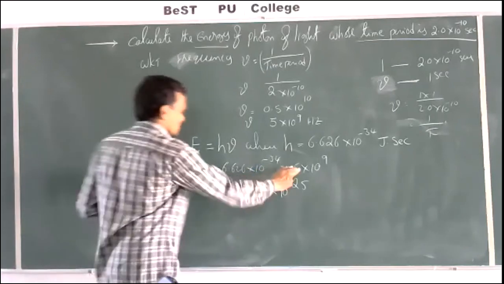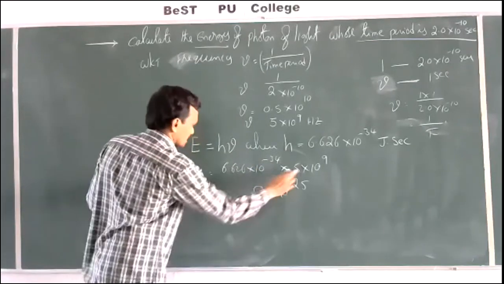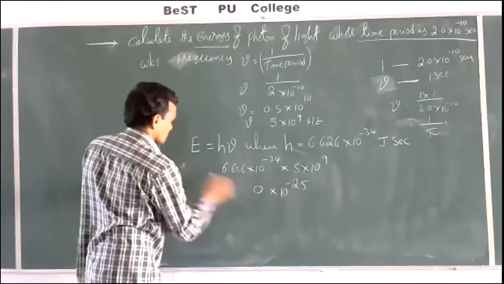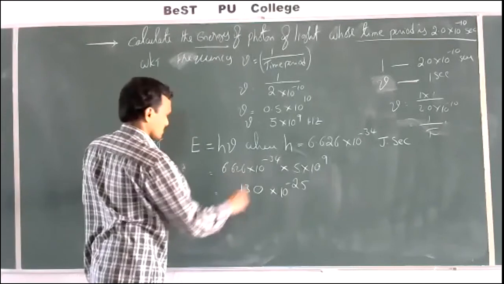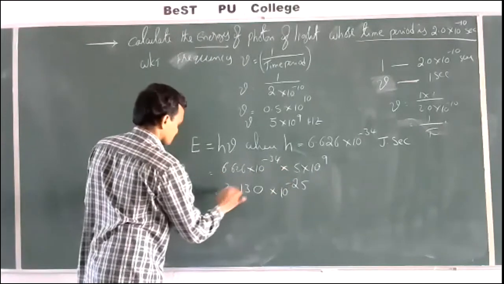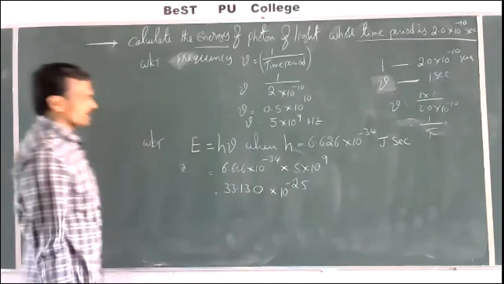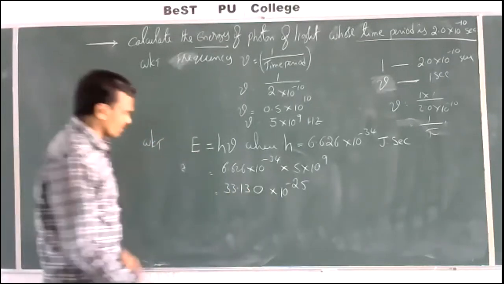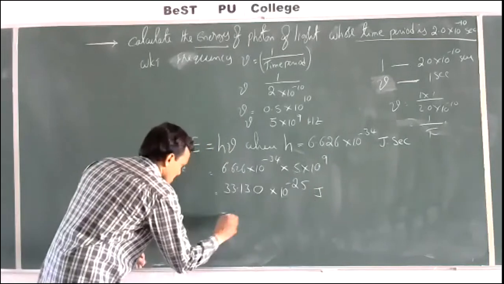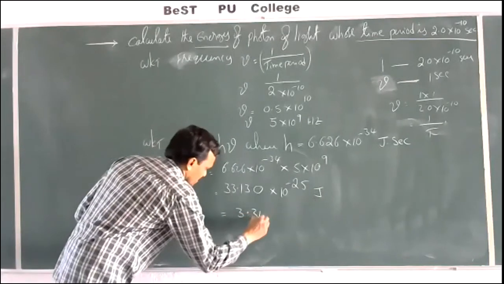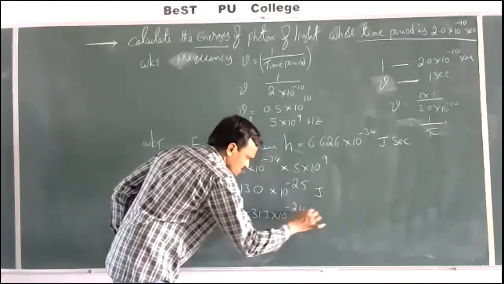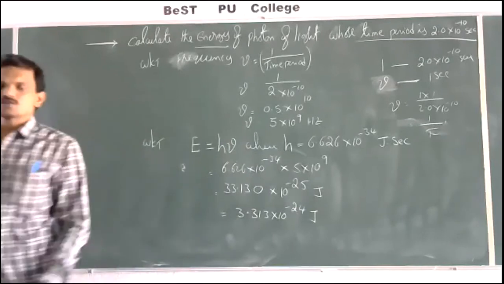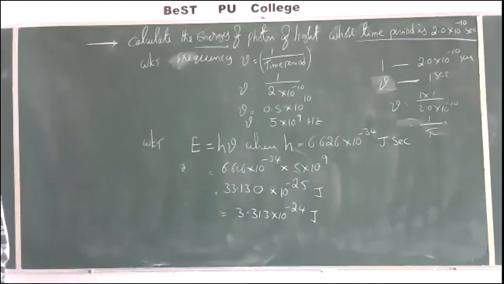Just multiply 6.626 with 5, which gives 33.130 into 10 power minus 25 joules. So which is equal to 3.313 into 10 power minus 24 joules. This is the energy of the photon when time period or frequency is given.